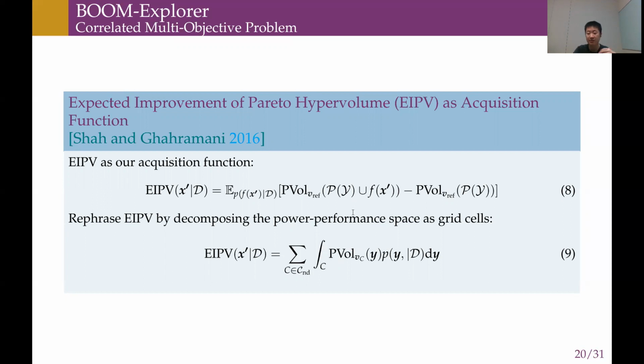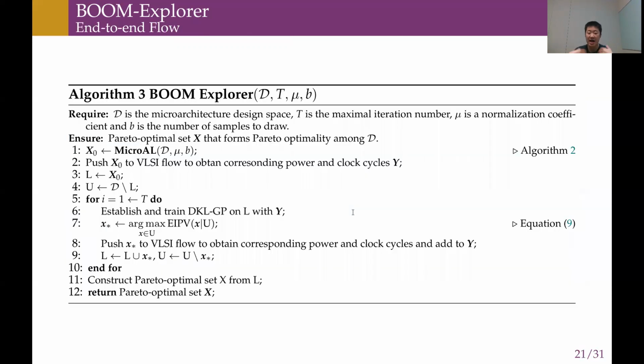Our end-to-end flow of BOOM-Explorer is like this. First, we use MicroAL to sample the most representative microarchitecture designs, then we use DKLGP as our surrogate model, and use EIPV as our acquisition function. Through this iterative algorithm, BOOM-Explorer can find microarchitectures that achieve a good balance between power and performance.